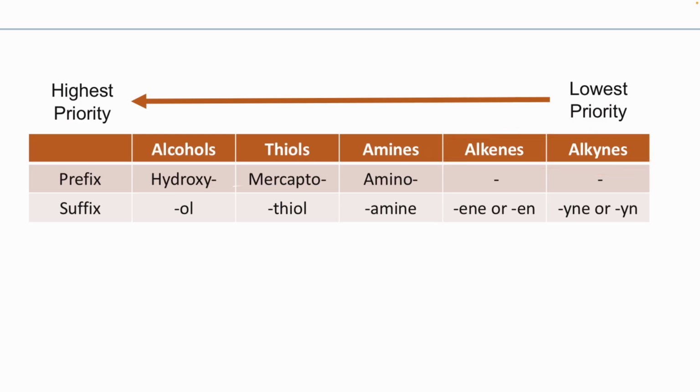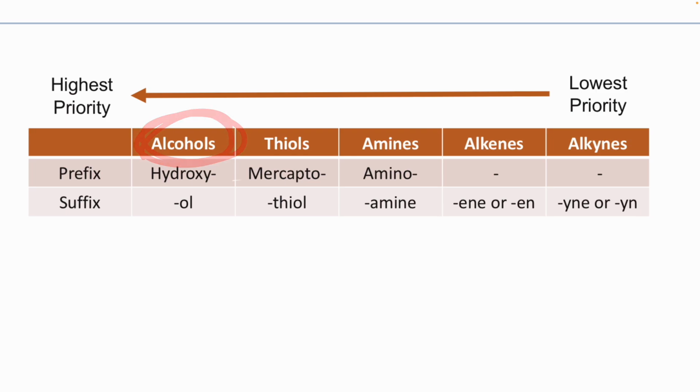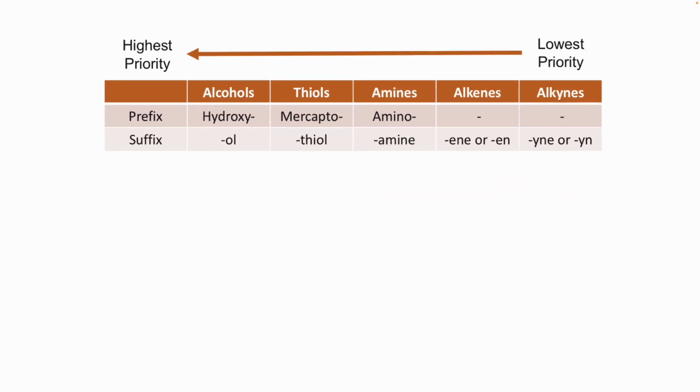Our highest priority group that we've discussed up until this point are our alcohols. We'll update this list every time we introduce a new functional group, but for right now at this portion of the course, our highest priority group is that alcohol. And we can see that thiols sit lower on our priority list. I included one more here just for an example. Amines are lower than thiols on our priority list.